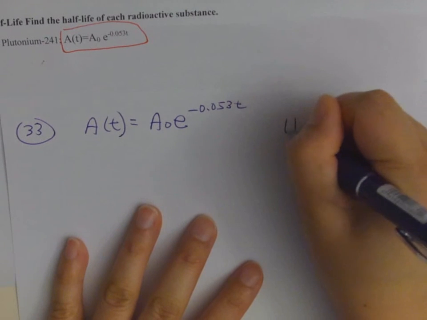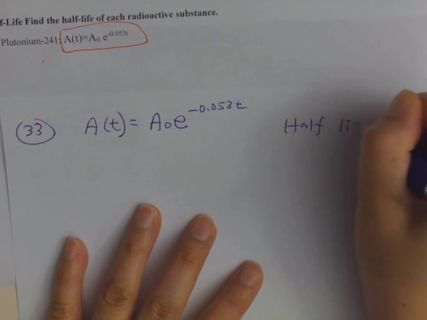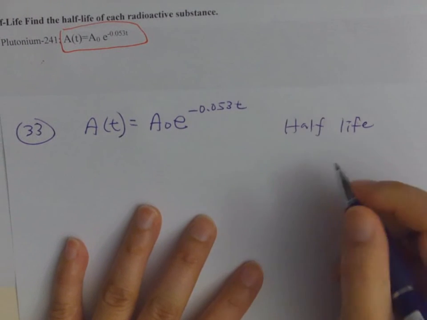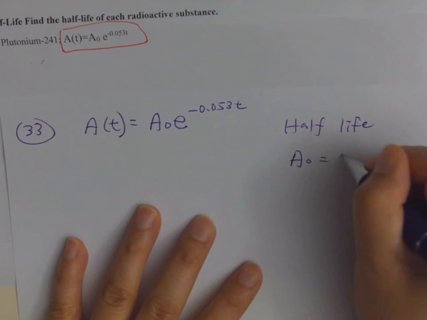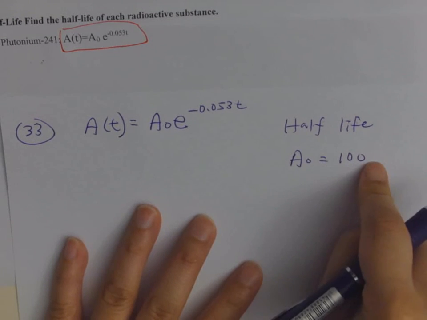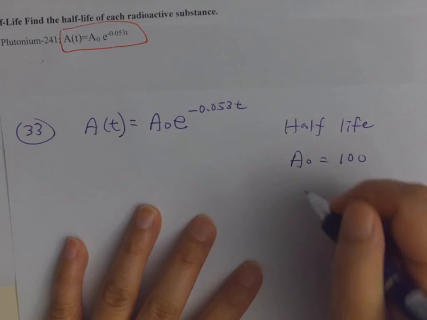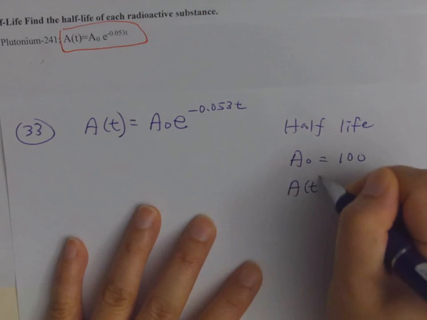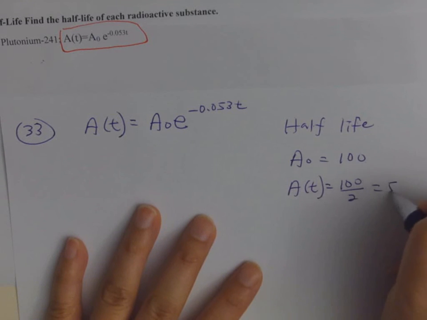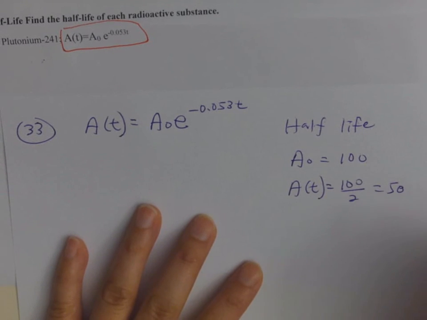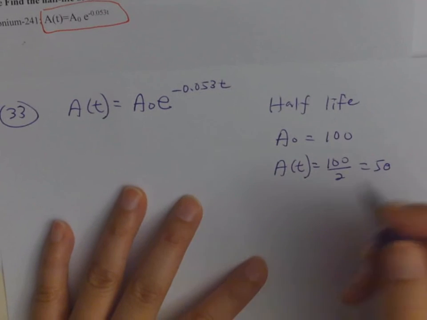What do they mean by half-life? So it means if you started with 100 grams of something, then your amount over time would be half of that, right? So it's going to be 50. But they didn't specify how many, so you want to find the easiest number possible.